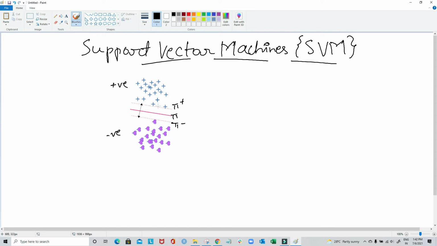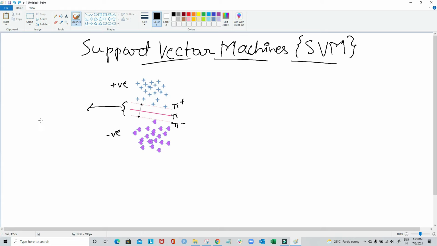The plane pi plus is found in such a way that it passes through one of the positive points and is parallel to pi, and plane pi minus passes through one or two negative points and is parallel to the pi. The distance between pi plus and pi minus is called the margin.